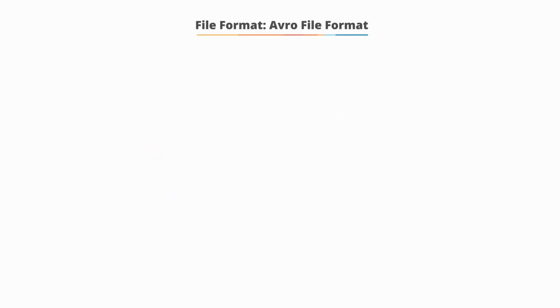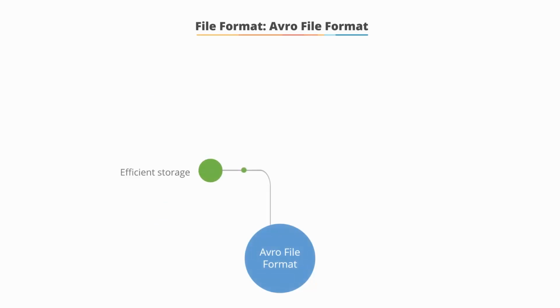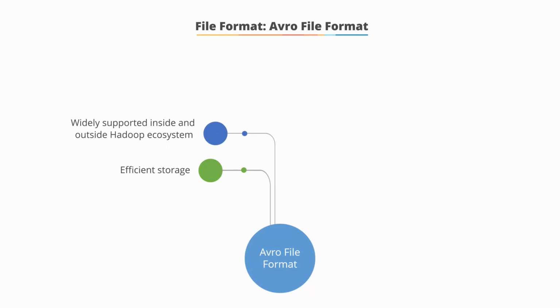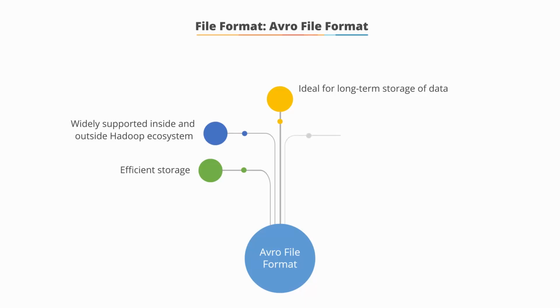The Avro file format has an efficient storage due to the optimized binary encoding that it uses. It is widely supported both inside and outside the Hadoop ecosystem. The Avro format is ideal for long-term storage of important data.